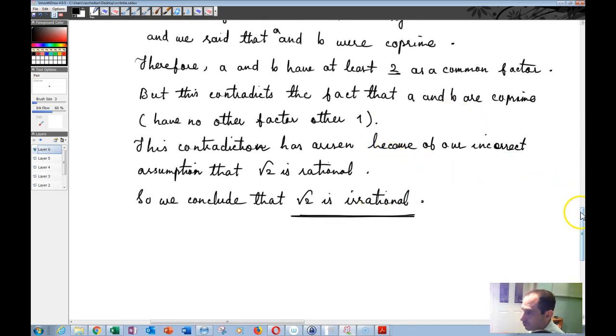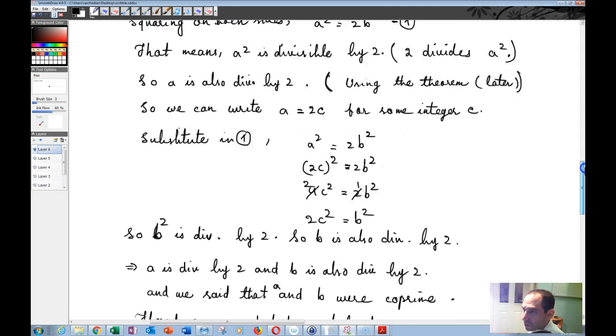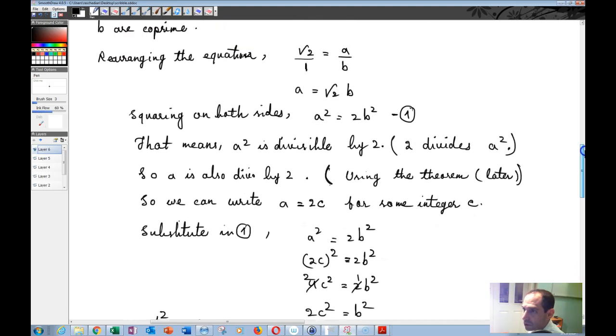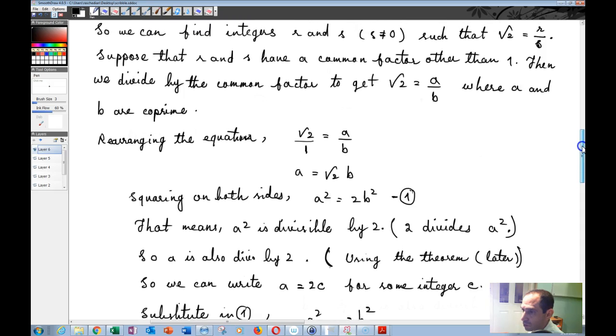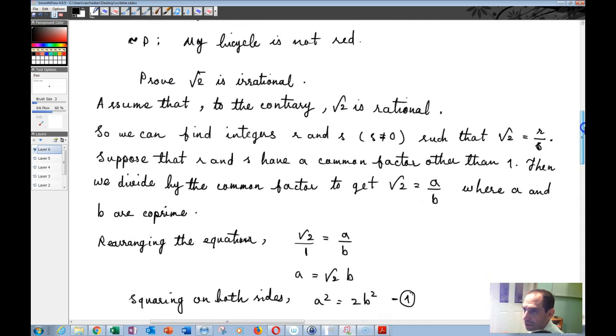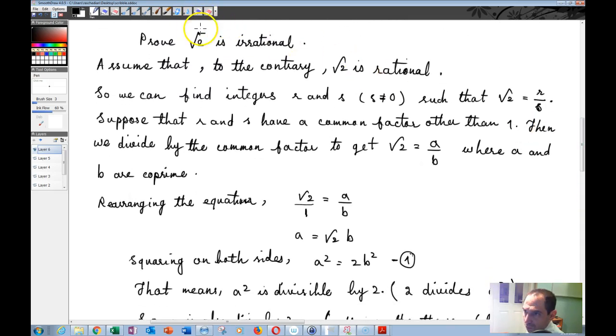Okay? So what I did here was that, let me walk you through the steps. We wanted to prove that square root of 2 is irrational. So first, we assumed to the contrary that square root of 2 was rational.